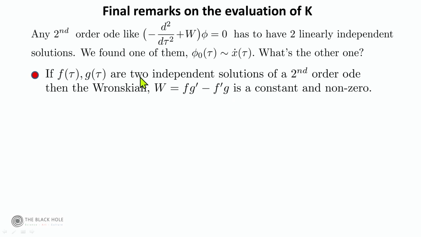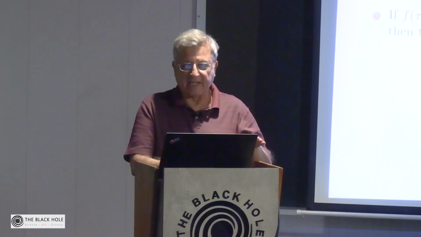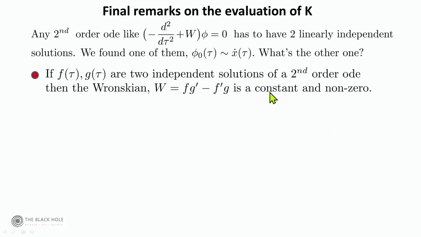If you have f and g, which are two independent solutions of a second order ordinary differential equation, then the Wronskian, which is one function times the derivative of the other minus the derivative of the first times the second function, is a constant and it has to be non-zero.